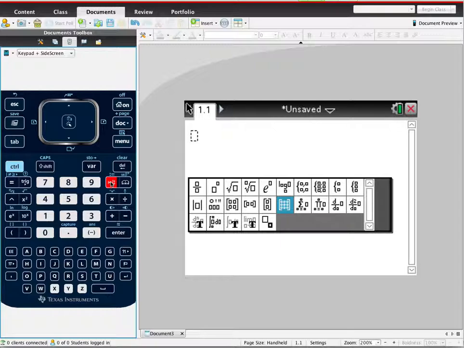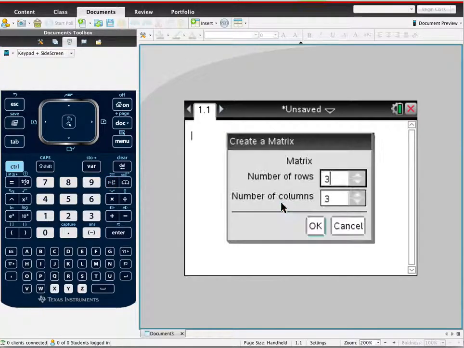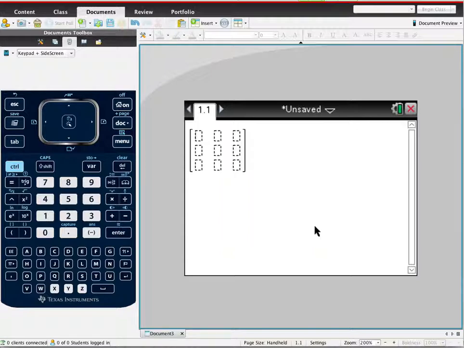Then if you notice in the middle, we have a matrix, so we can click on that. Then it wants to know what type of matrix we want. We want a 3 by 3, so we just click OK. Now I go through and fill the matrix out.